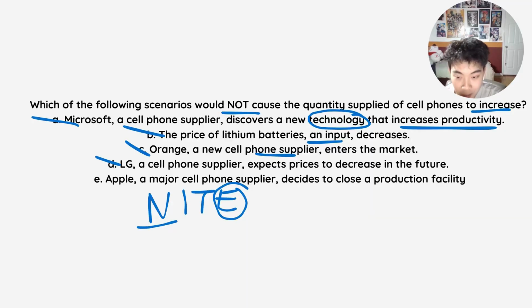And then the last one, E. Apple, a major cell phone supplier, decides to close a production facility. When we close a production facility that produces cell phones, we're decreasing the amount of supply. So the supply would go down, not increase.